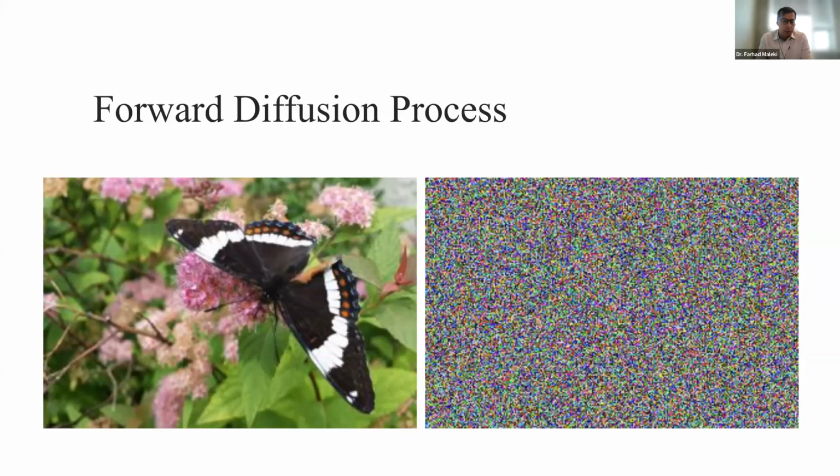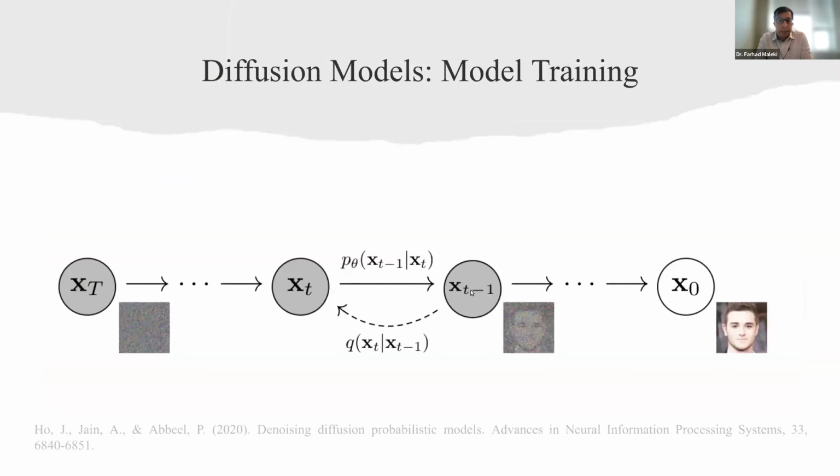From the initial image, we gradually add noise until we get complete noise. And when we are at that stage, we can go back from the noise and try to predict the original image. So that's the key here.